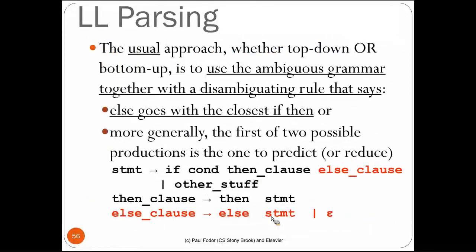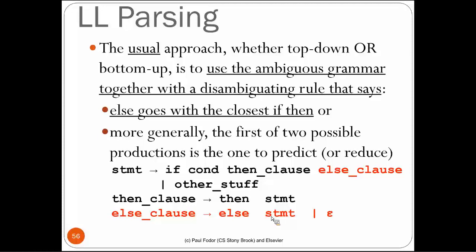The usual approach, whether top-down or bottom-up, is not to use that kind of complicated grammar, but to use the ambiguous grammar together with a disambiguation rule that says the else goes with the closest if statement, or more generally, that the first production rule that can be applied should be used.